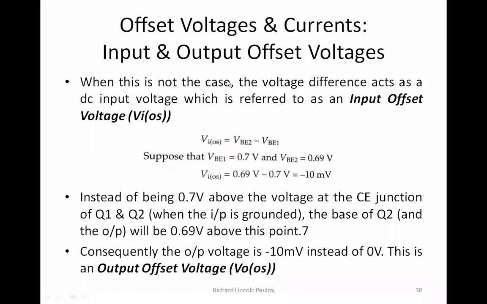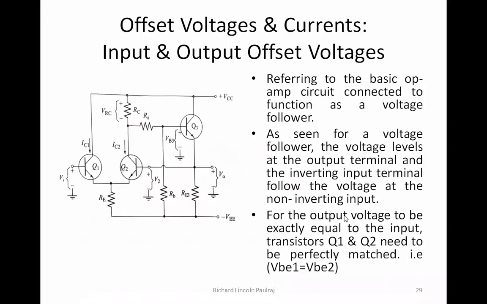When the base voltages are not the same, when Q1 and Q2 are not matched, remember I was telling you, if an IC is manufactured by company 1, and it has a batch of ICs to be manufactured, let's say about 10 ICs in that batch.